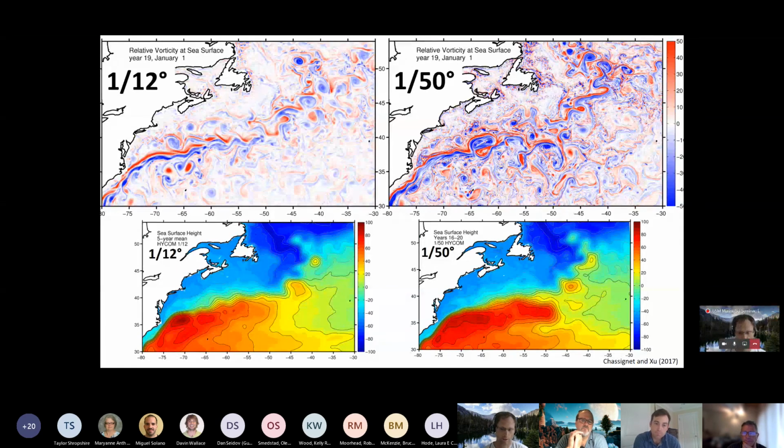Okay, so it's similar: you resolve more horizontal wavelengths in high resolution, so you create more eddy features that start pumping things into the vertical. Correct, yeah. Nice. Thank you.